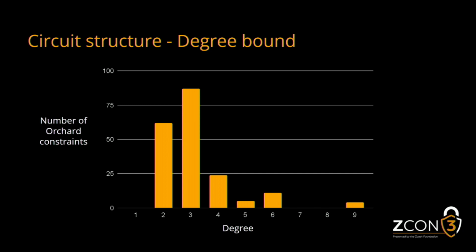So the maximum degree we picked for the Orchard circuit was 9, which is just before we would have increased the size of our FFTs and slowed proving time by a factor of 2. And what you notice is that I think there were 4 constraints we used that had degree 9.